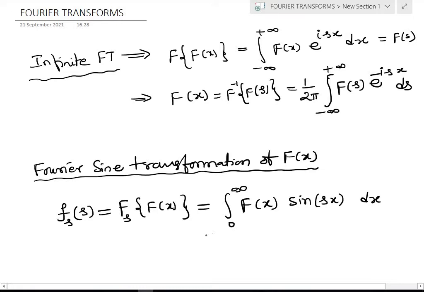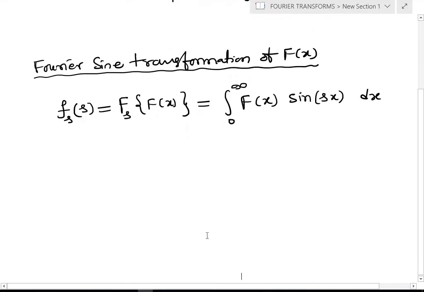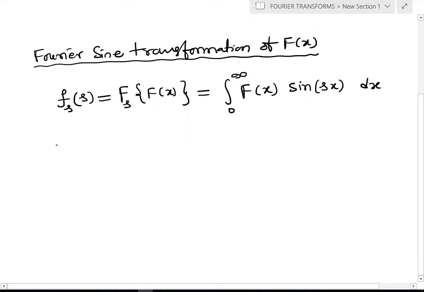In a similar manner, we can define the inverse Fourier sine transformation.